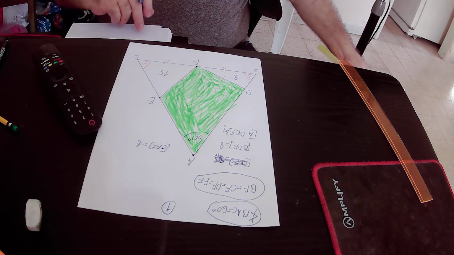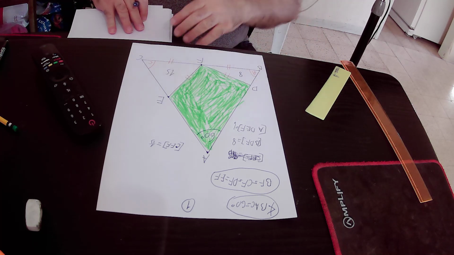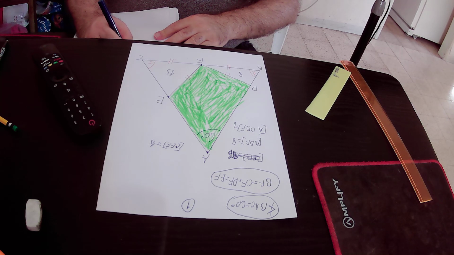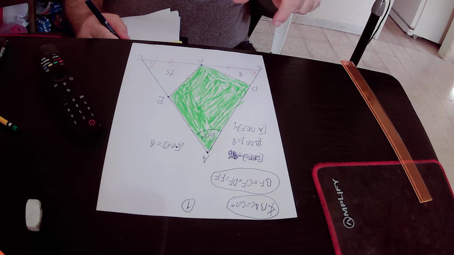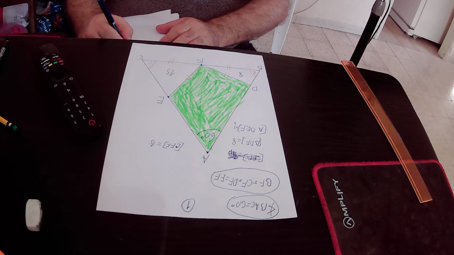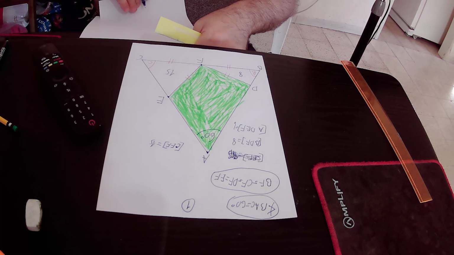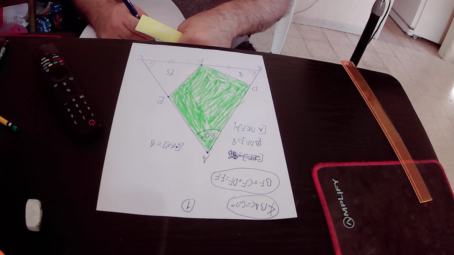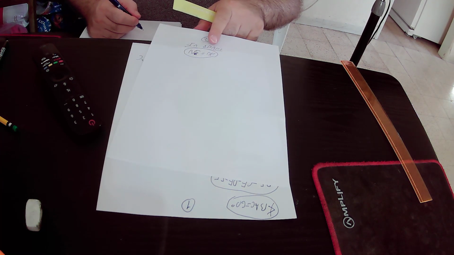So actually, if we look at triangle DBF, we know that side BF of triangle BDF equals side DF.